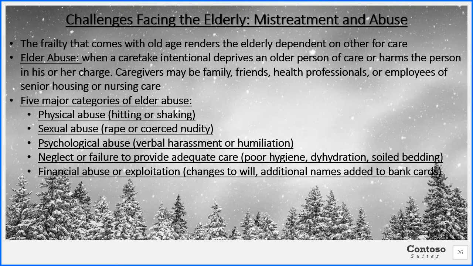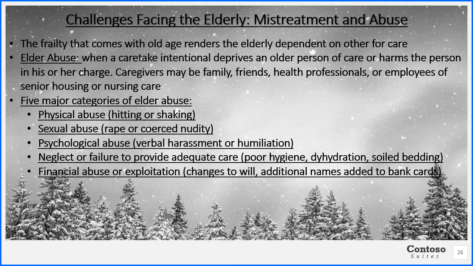And then neglect or failure to provide adequate care, like not washing somebody's bedding, if they soiled their pants, not changing it for a day or two, poor hygiene, dehydration, not giving someone food, etc. So that's neglect or failure to provide adequate care.